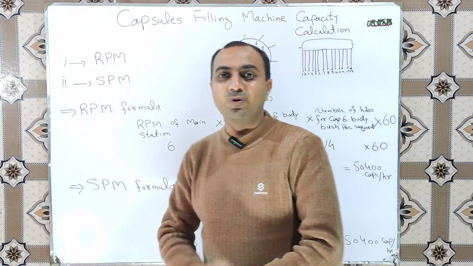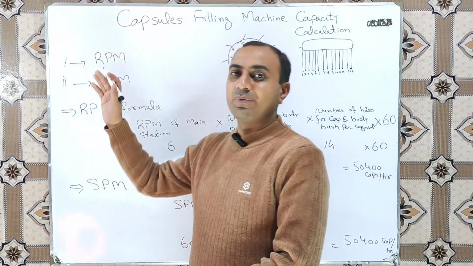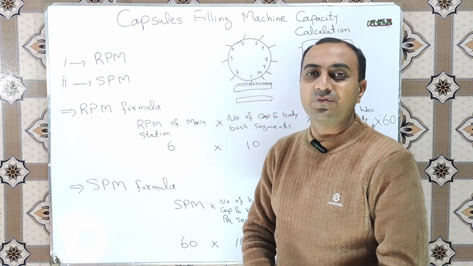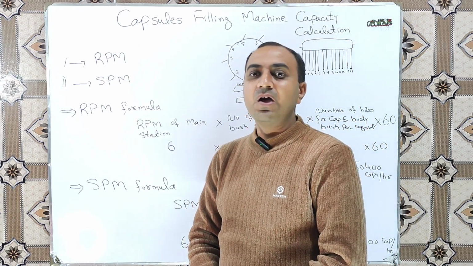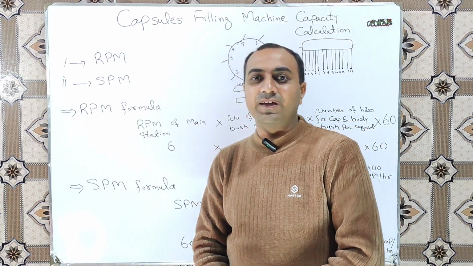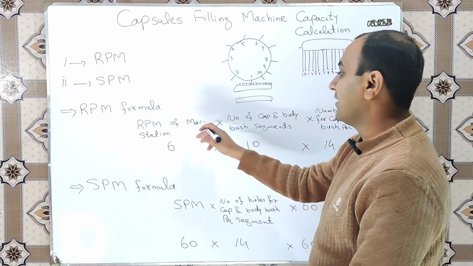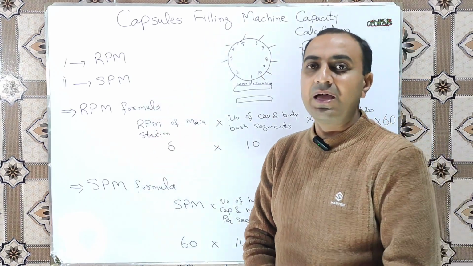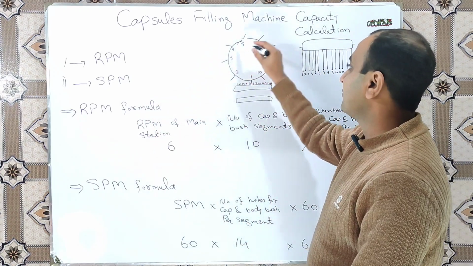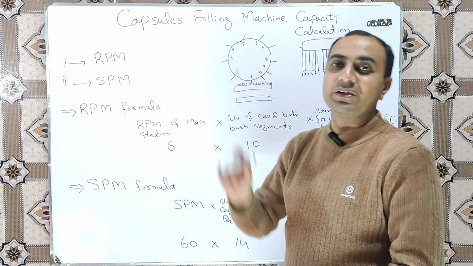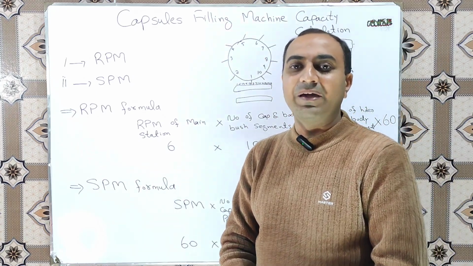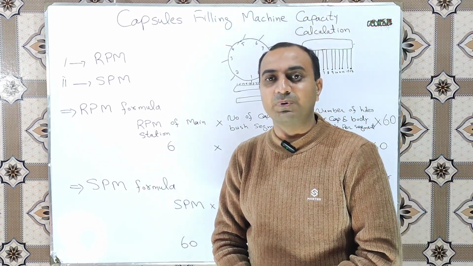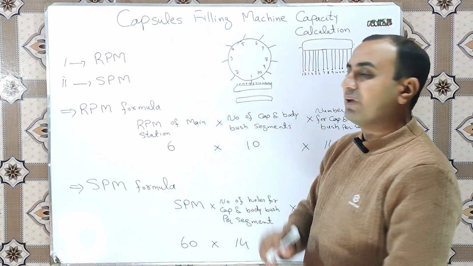Now we will calculate the capacity of capsule filling machine by using the first formula, which is the RPM formula. For the RPM formula we must have certain values, and these are the RPM of the main station, meaning how many rounds per minute are completed by the machine main station.